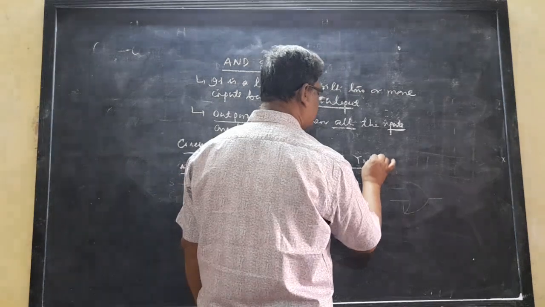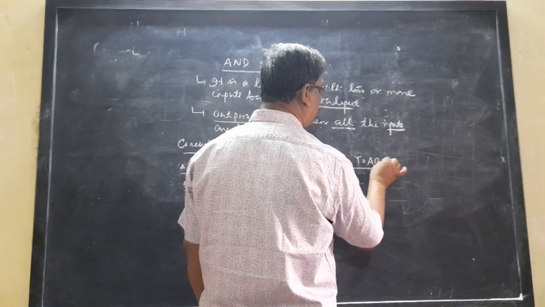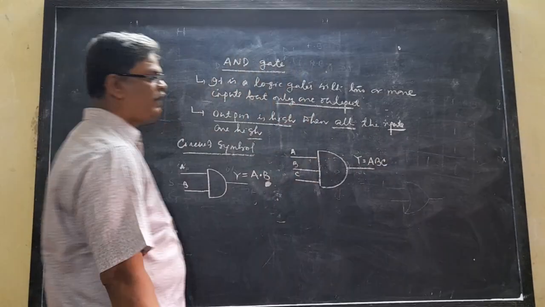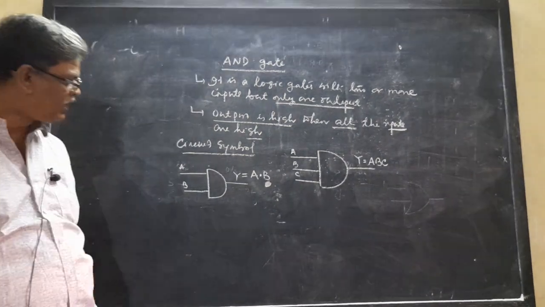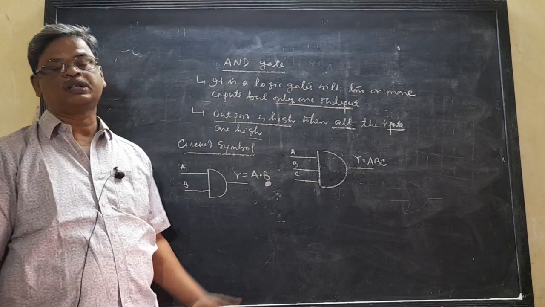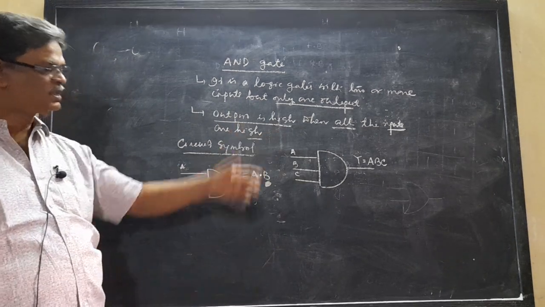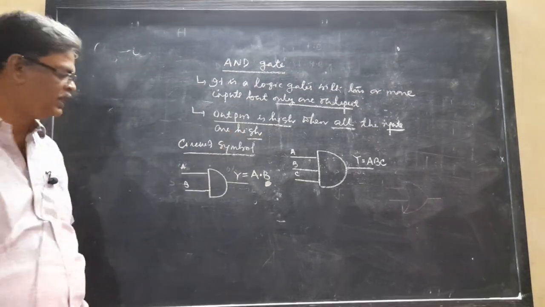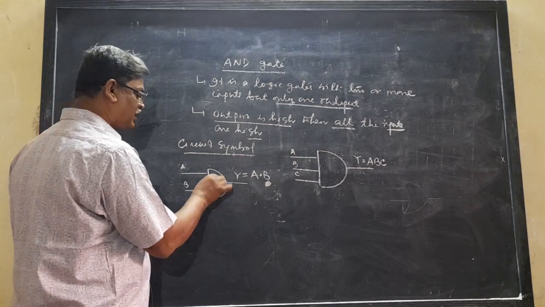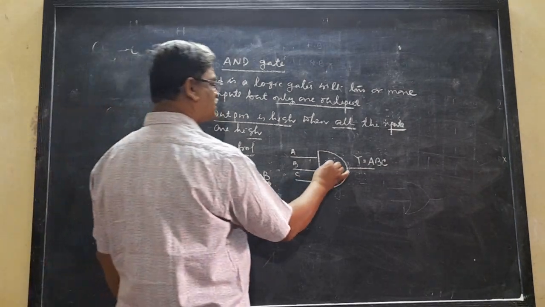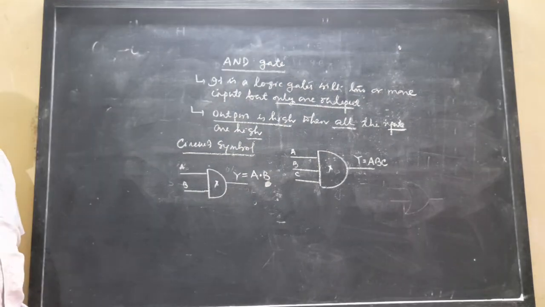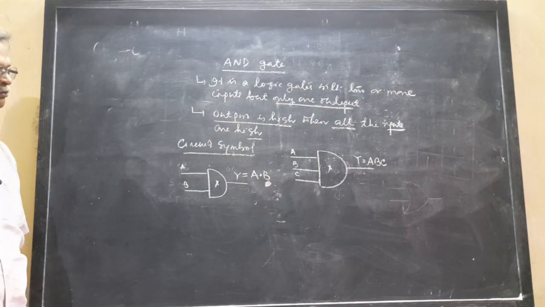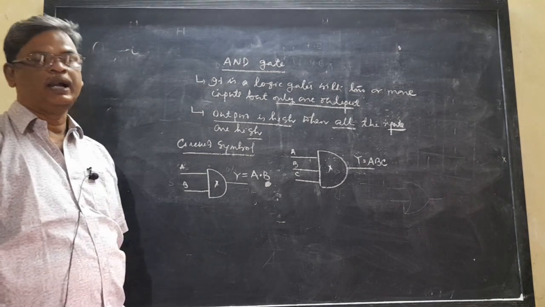Similarly, we can write Y equals A into B into C, because there are three inputs. Here with two inputs, Y equals AB, and with three, Y equals ABC. This is the product operation. Clear? Then this is the circuit symbol and the expression.